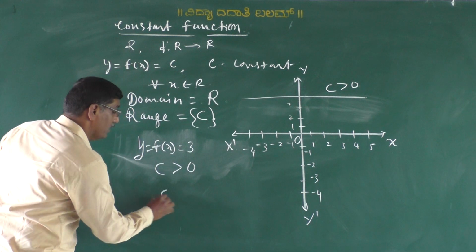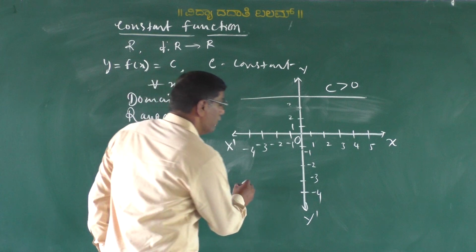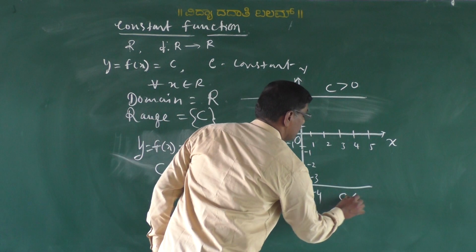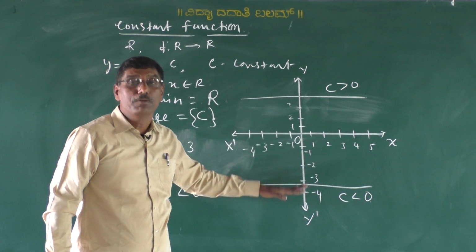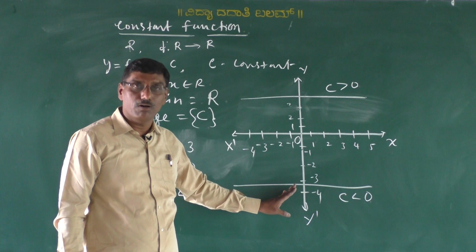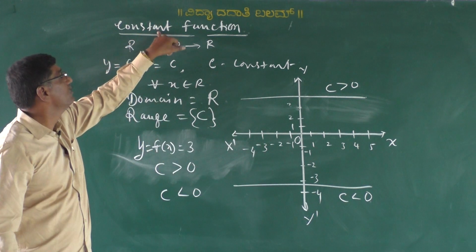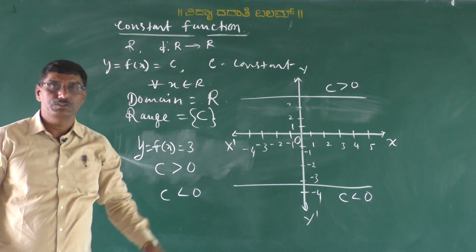If c is less than 0, the graph is below the x axis, which is also parallel to the x axis but below it. Are you understood, all of you? That is about the constant function.